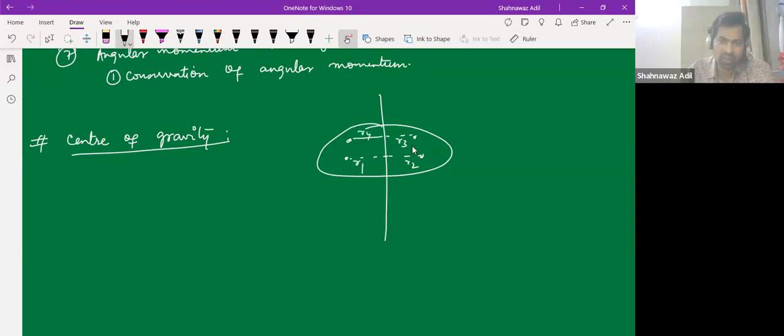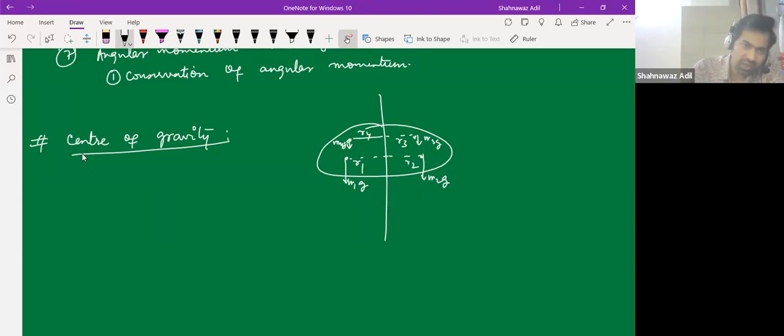At all these distances, these particles are situated, right? And they all have, let's say, this one has M1g, this one has M2g, this one has M3g, and this one has M4g. So all these particles have gravity, right? So all these have some gravitational force acting in the downward direction.